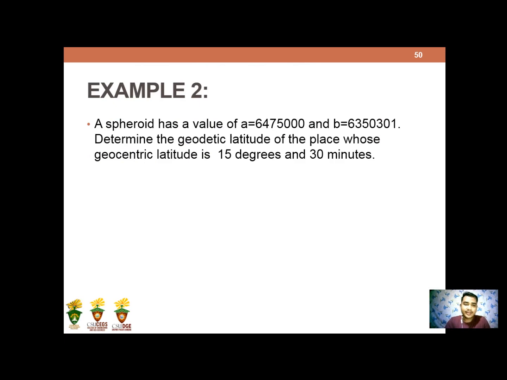Example number 2. A spheroid has a value of a equal to 6475000 and b given as 6350301. The problem is to determine the geodetic latitude of the place whose geocentric latitude is 15 degrees and 30 minutes.